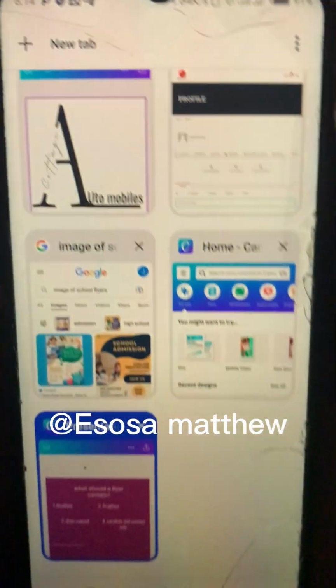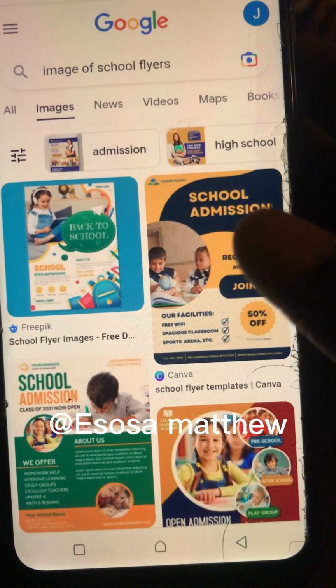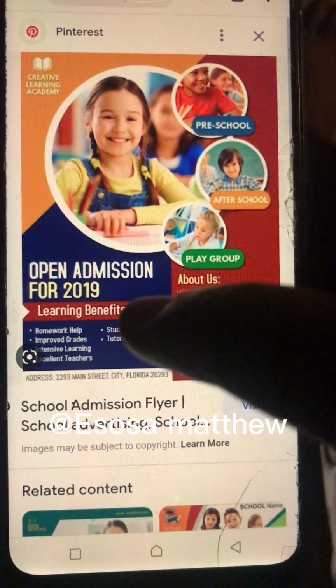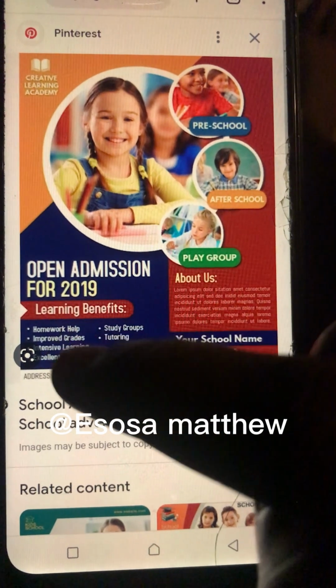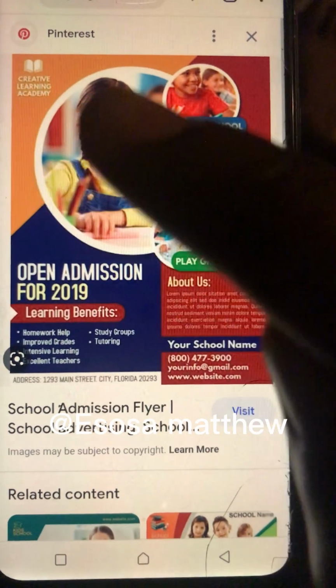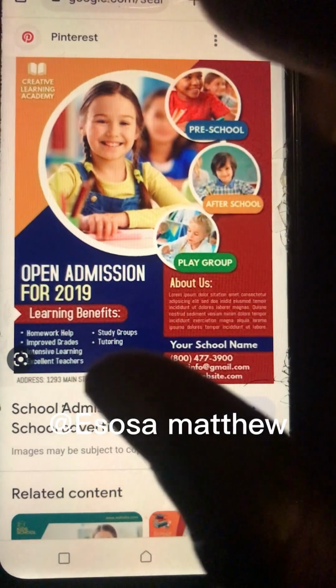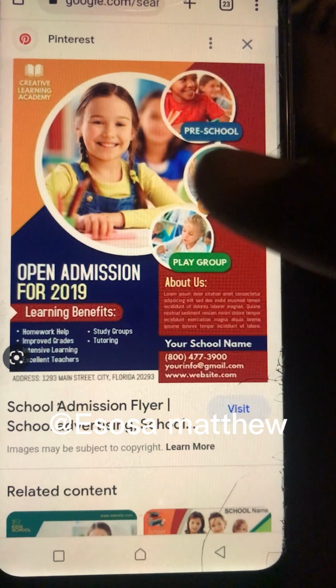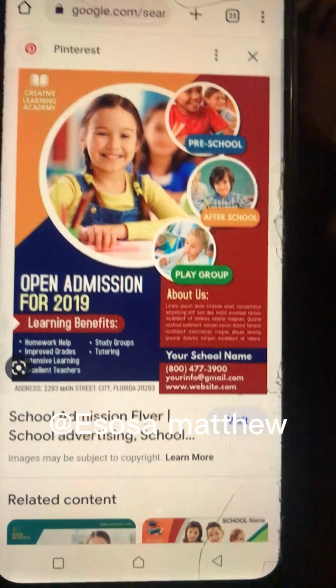So let's go back to our example on school flyers. Using this again, like I said, this is the headline, "Open admission for 2019," and learning benefits and about us are the main content. Now the graphics in this particular flyer are the pictures of children in school, children happy in school.